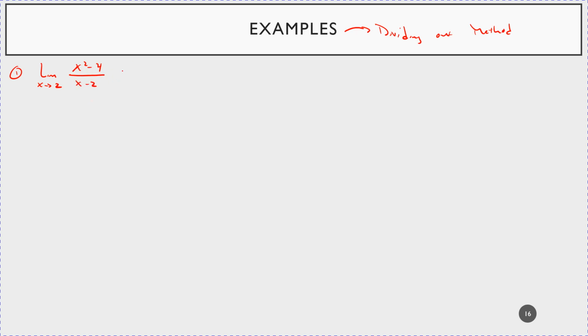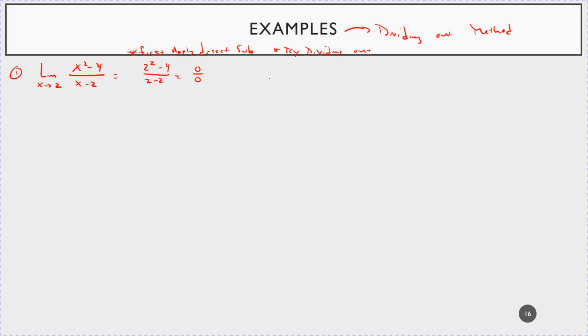If you first apply direct substitution, you would get 2 squared minus 4 over 2 minus 2, which is 0 over 0. That's the indeterminate form. So what do you do next? Now you try the dividing out, which you can also call canceling out.